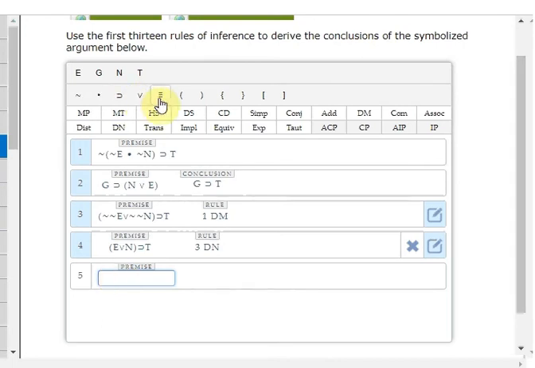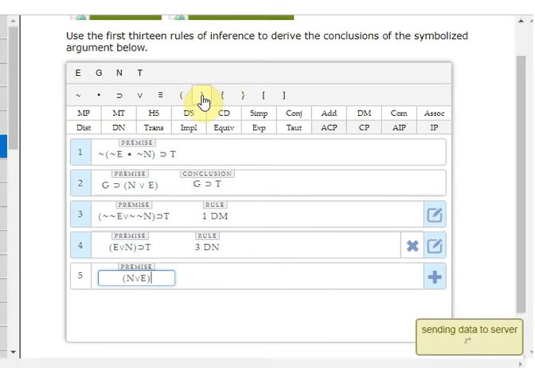Okay, well, we do still need the parentheses, and now we're going to have N as our letter, and then OR, and then E. We close the parentheses, and remember, we still have that T, so we have the horseshoe there, and we need the T. Okay, so now we have to cite what we did. Well, we use commutativity, right?